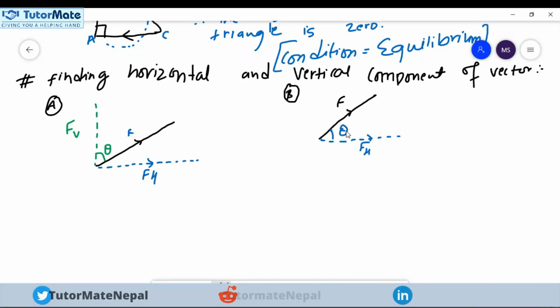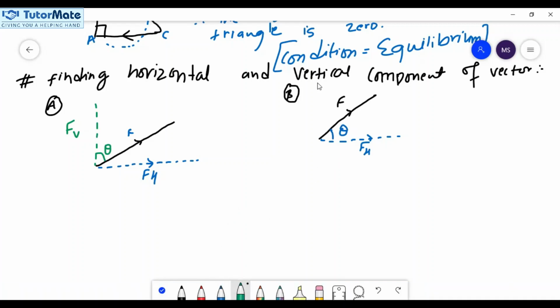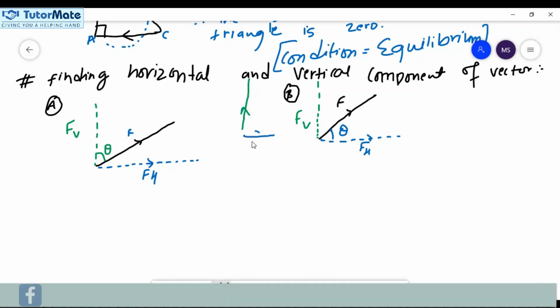There we have theta. And this is the vertical component of the force. One more time, the vertical component is always parallel to the vertical part. So this is a vertical part. Whereas the horizontal component is always parallel to the horizontal part, and this is the horizontal part.